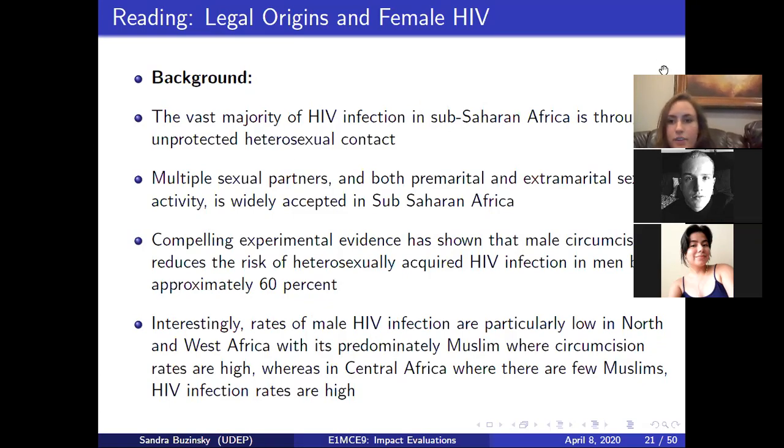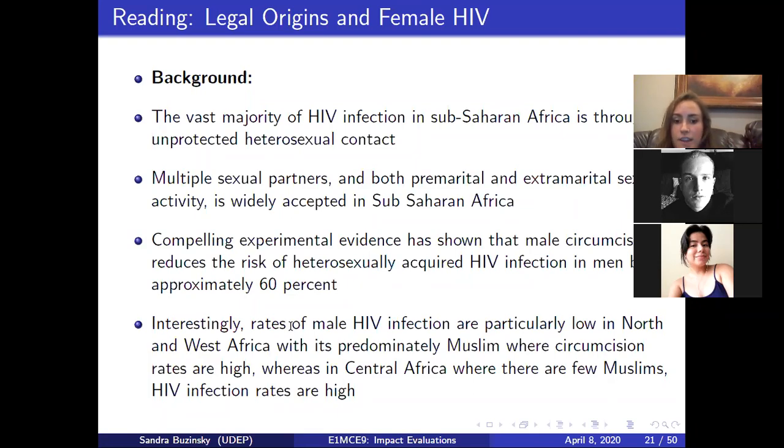Another reason the author argues is that there is convincing evidence that male circumcision reduces the risk of HIV infection in men by approximately 60%, which is really large. Interestingly, she says that rates of male HIV infection are particularly low in North and West Africa, which is predominantly Muslim.